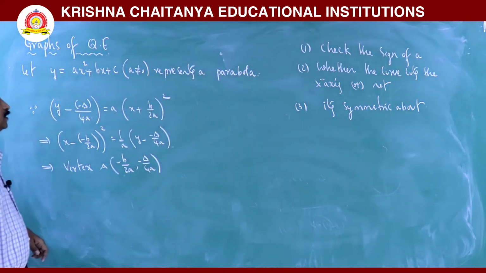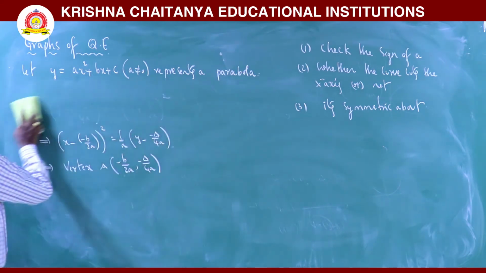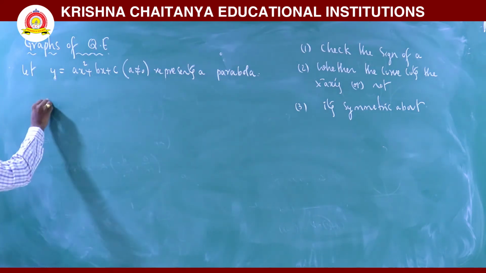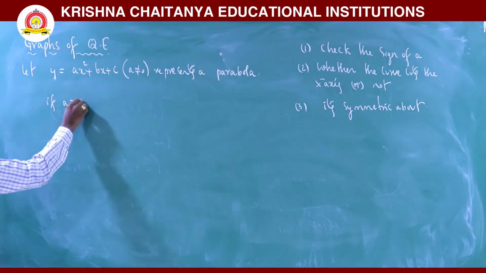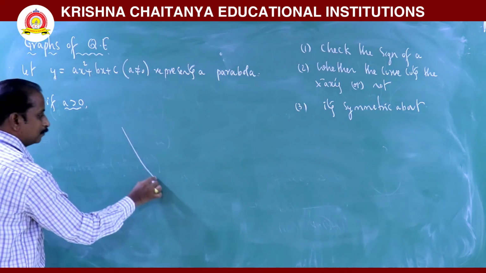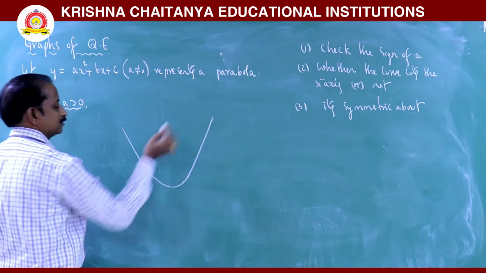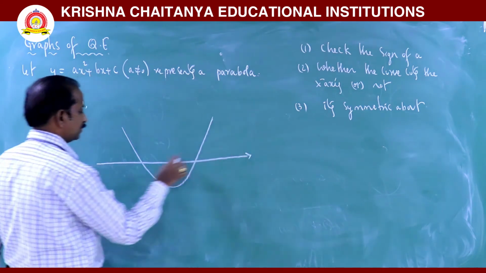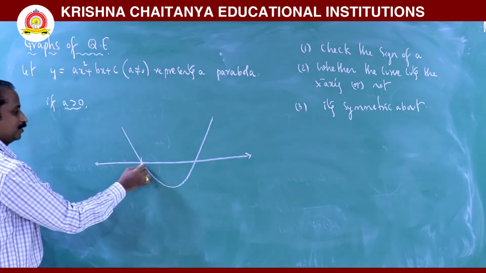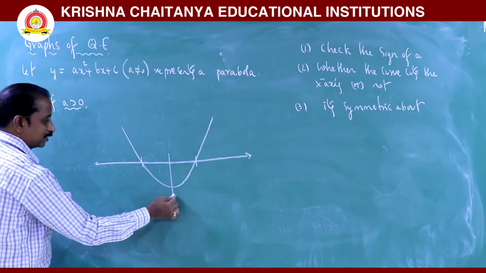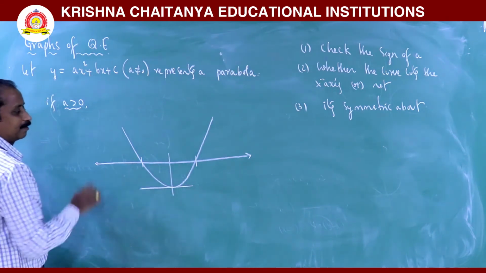Now consider the graph y is equal to ax square plus bx plus c when a greater than 0. If a greater than 0, we know that the shape of the graph is open upwards, and delta greater than 0, it has two distinct roots. One is alpha, another is beta. So this is the vertex of the parabola.